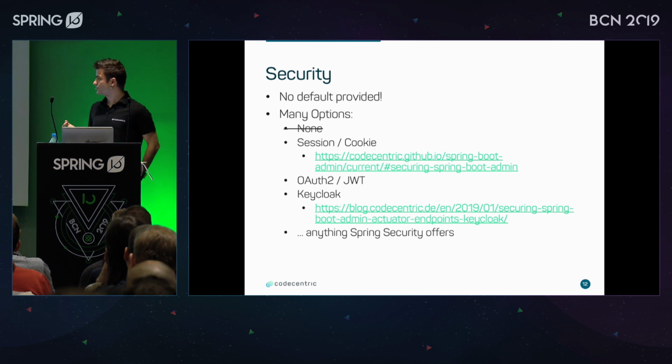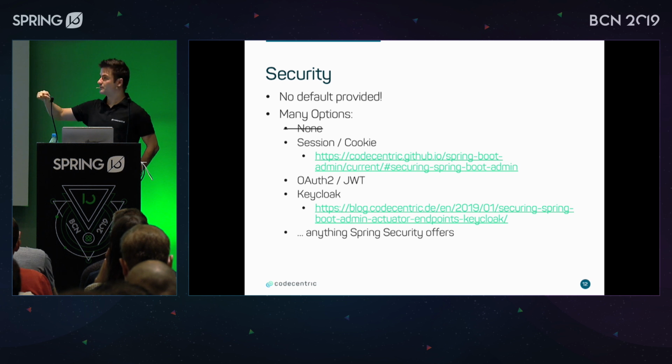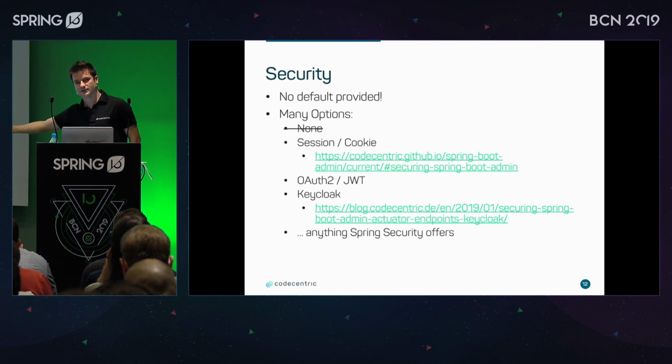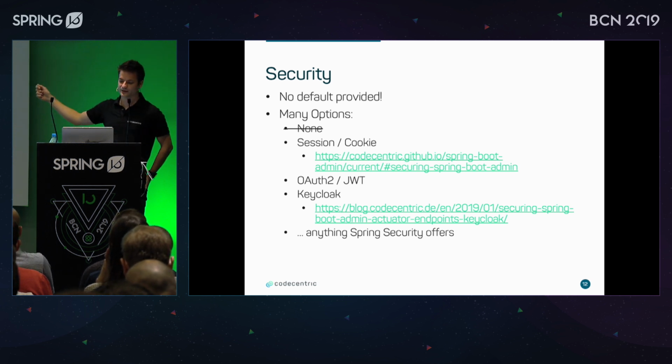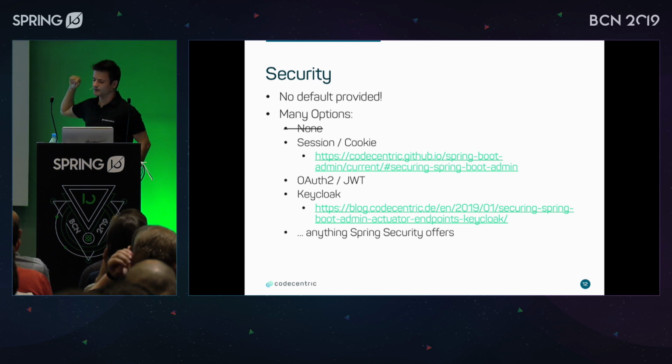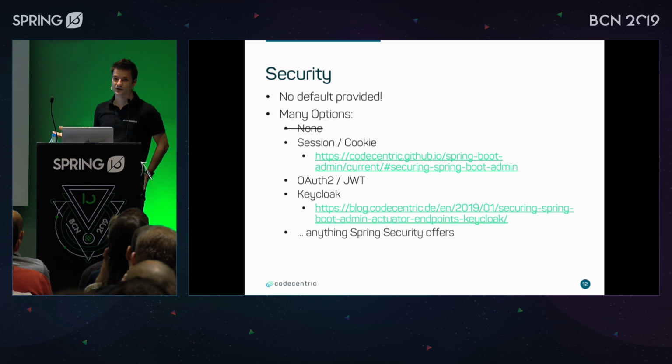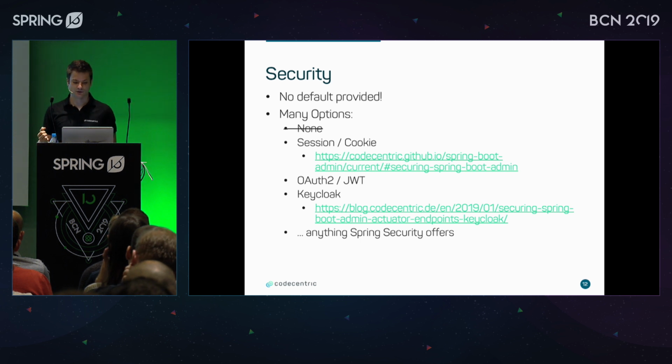If you don't want to have it that way, you could use OAuth 2 and forward the tokens from the UI via the admin server to the real actuator endpoint in the back, and then the application in the back could decide whether the user is allowed or not to access the endpoint.